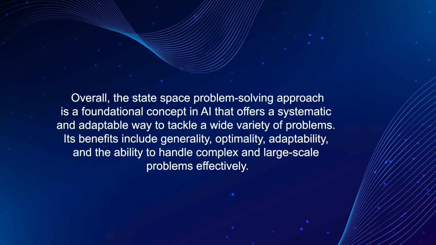Overall, the state space problem approach is a fundamental concept in AI that offers a systematic and adaptable way to tackle a wide variety of problems. Its benefits include generality, optimality, adaptability and the ability to handle complex and large scale problems efficiently.